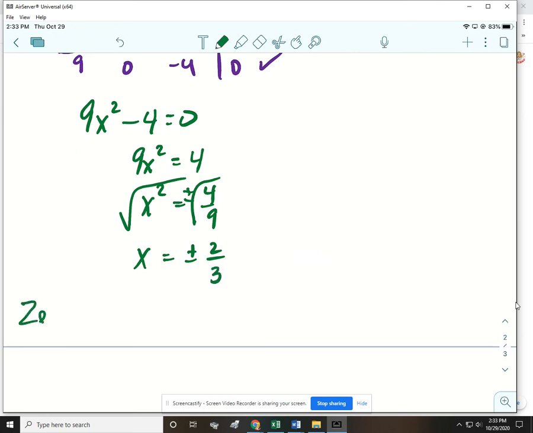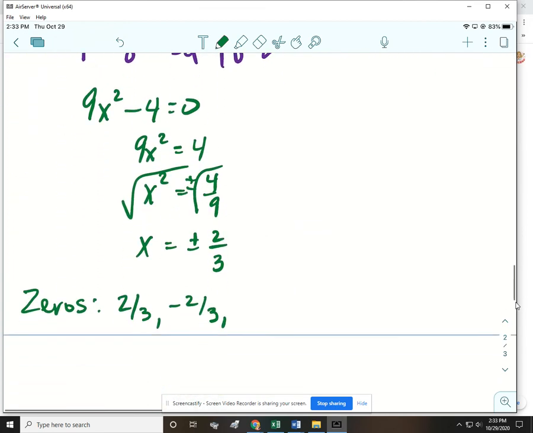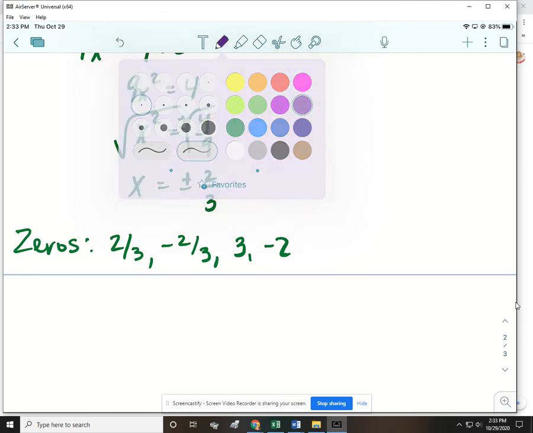So that makes our zeros 2/3, -2/3, and then the 2 we found by synthetic division and getting a remainder of 0, which is 3 and -2.